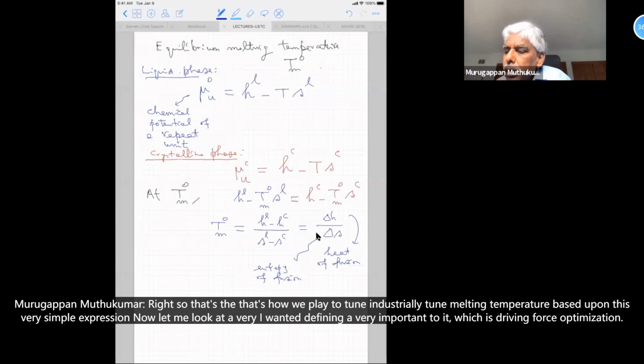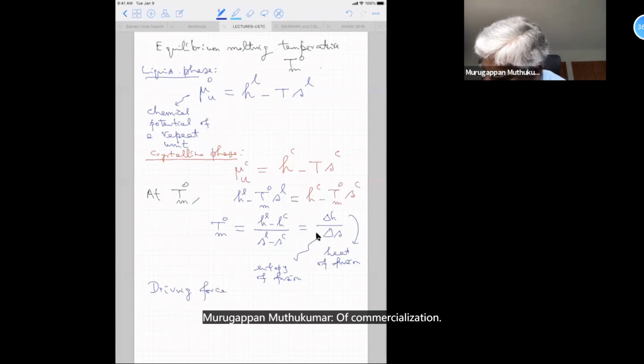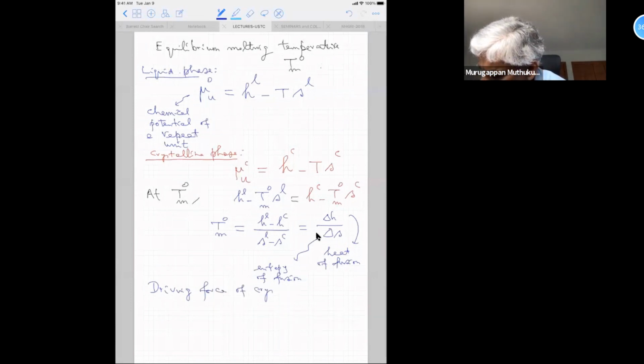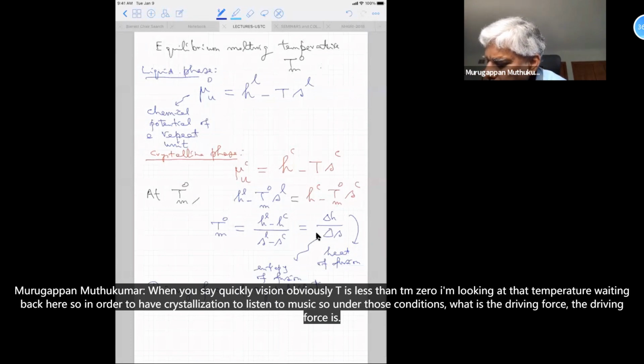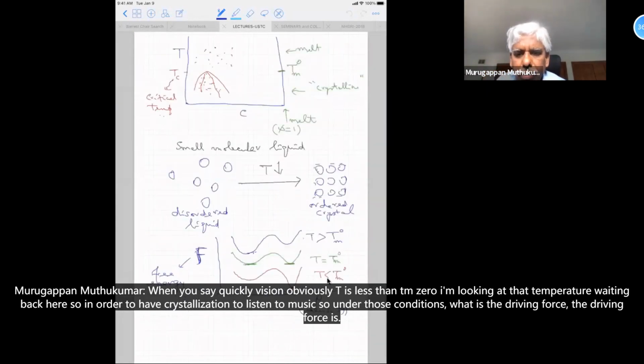Now, I want to define a very important quantity, which is the driving force of crystallization. When you say crystallization, obviously T is less than Tm0. Going back here, in order to have crystallization, T is less than Tm0.